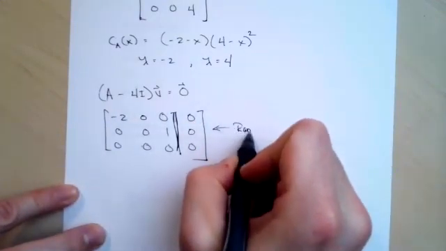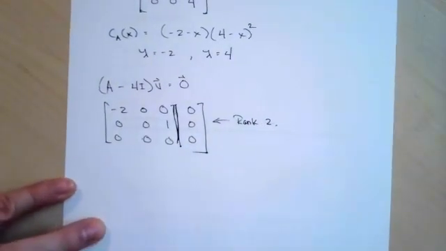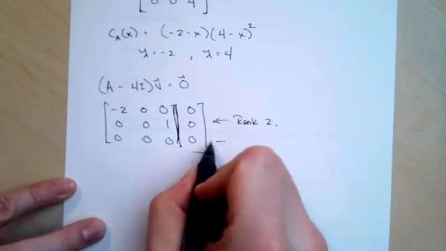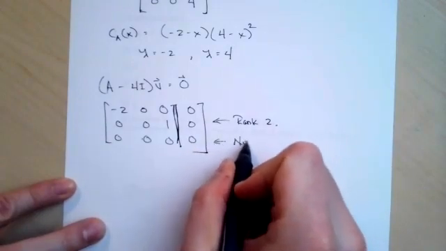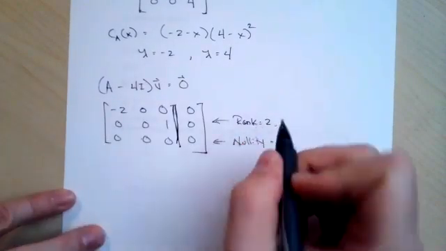But the rank of this is rank 2. And then that means our nullity is 1.